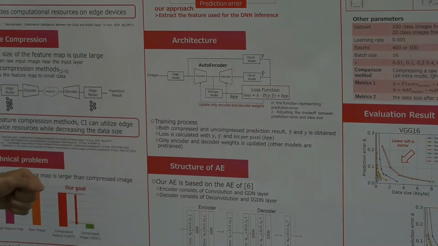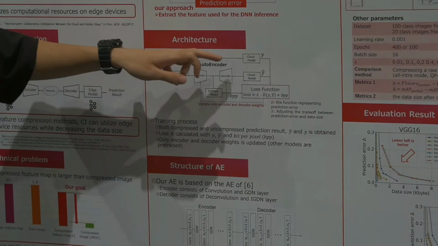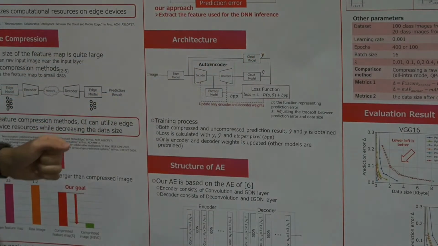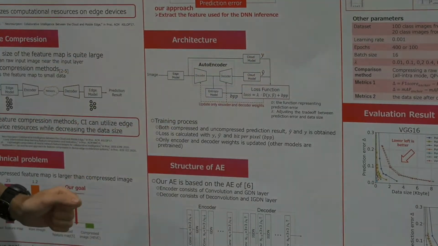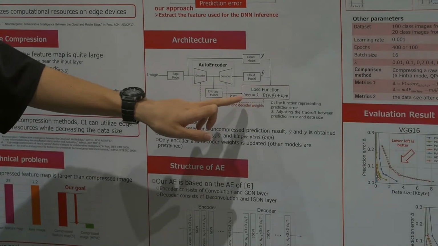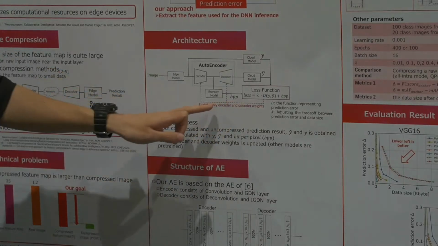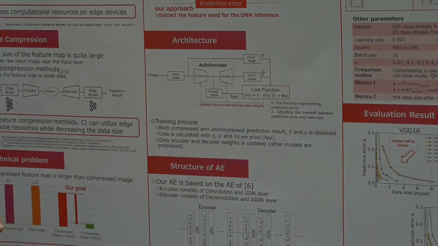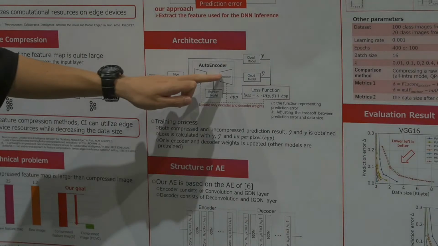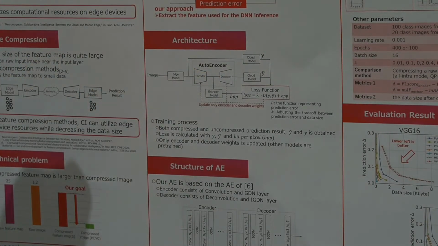When training the autoencoder, both the uncompressed prediction result Y and the compressed prediction result Y hat are obtained, and then the loss is calculated with Y, Y hat, and BPP. BPP is calculated with an entropy model. After that, only the encoder and decoder weights are updated.